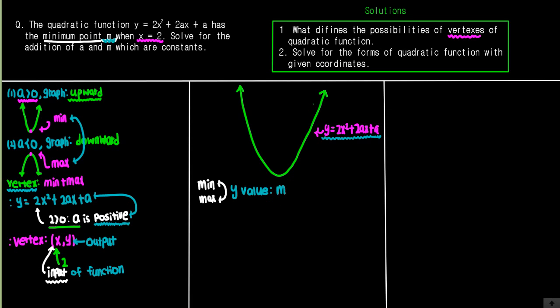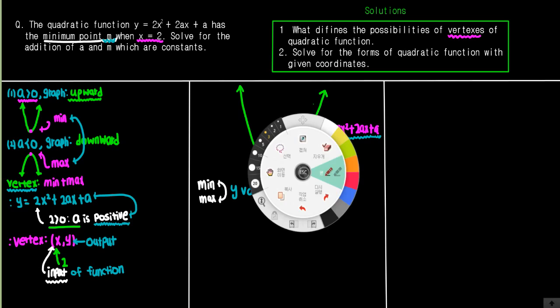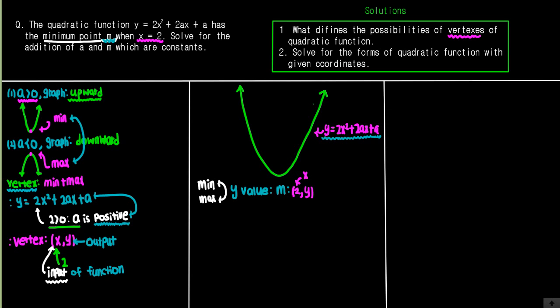So the vertex of this function, which is x comma y, has an x value of 2, because the question mentions that at the vertex of this quadratic function, when the x value is equal to 2, it has the minimum point, which is the output of our function.